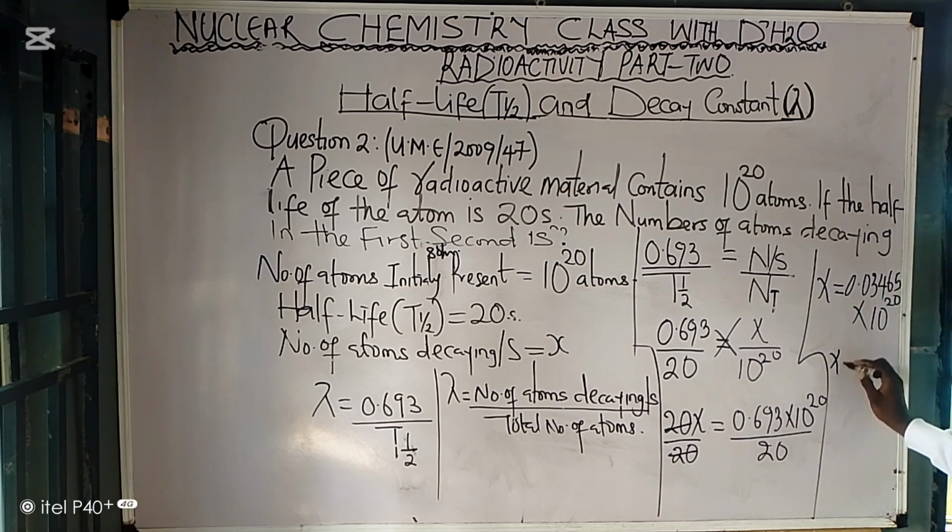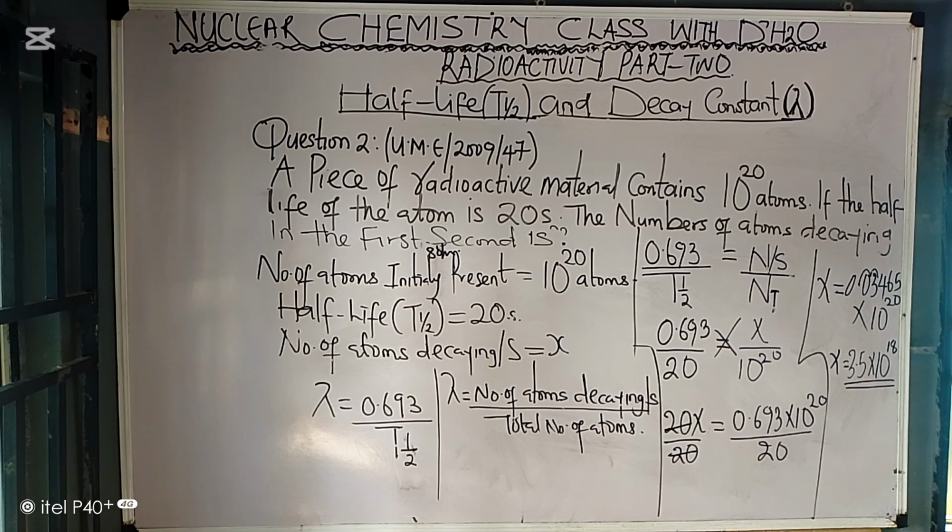So very easy, class. Watch. I'm going to take my point from here. If I move it 1, 2, I have 3 points. You can approximate this to become 3.5 times 10. Remember, you have moved 2 times, so you remove 2 from the 20 so that it becomes 18. This is the answer to the question.